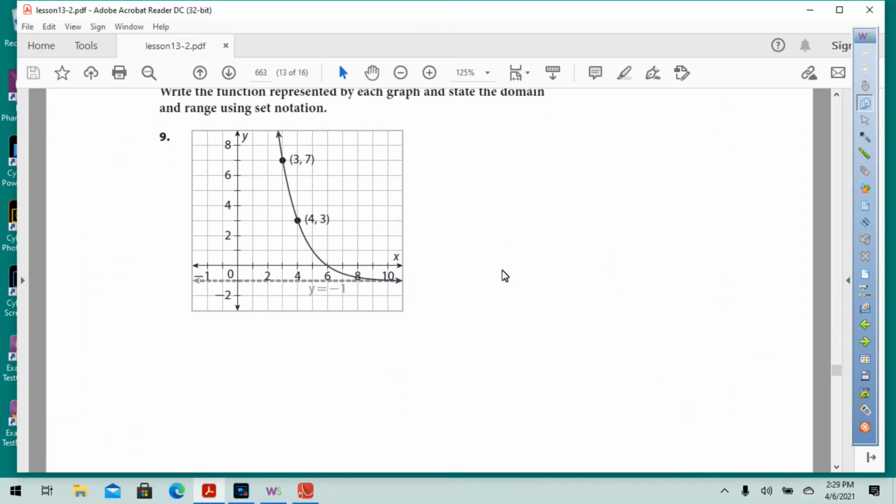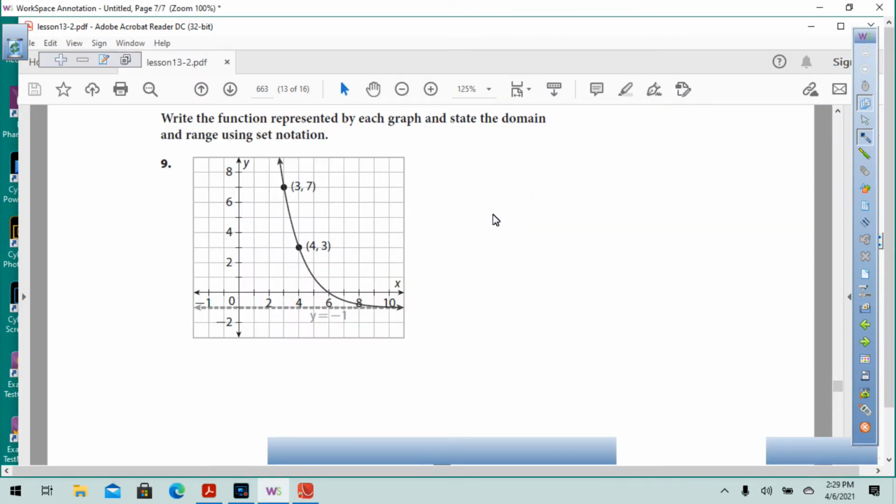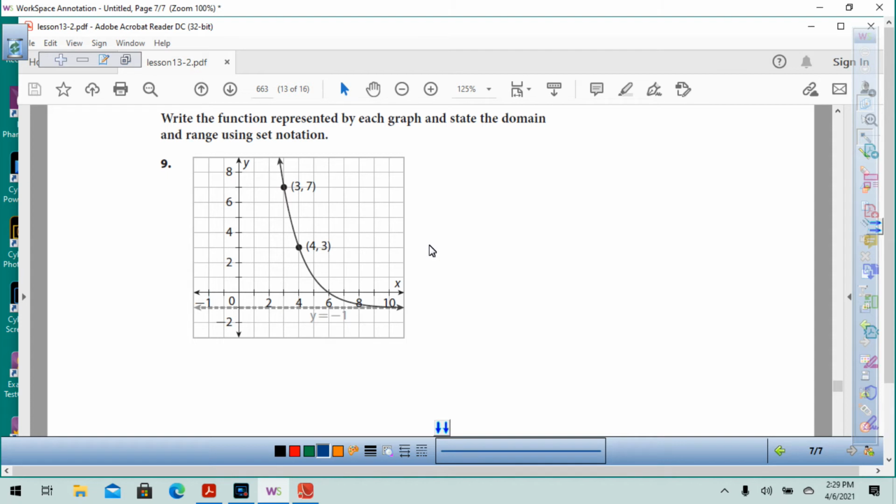Number 9, oh, this is a little bit different. Number 9, okay, we have the line, and we need to write the equation. All right, let's look at our domain. X is all real numbers, and our range is Y such that Y is greater than -1.